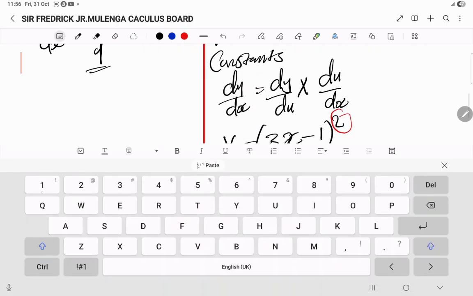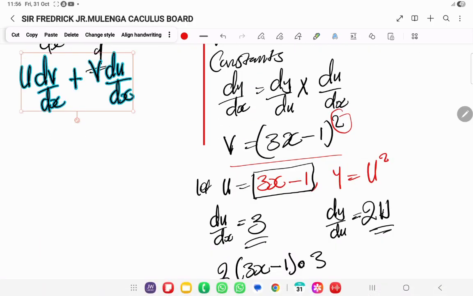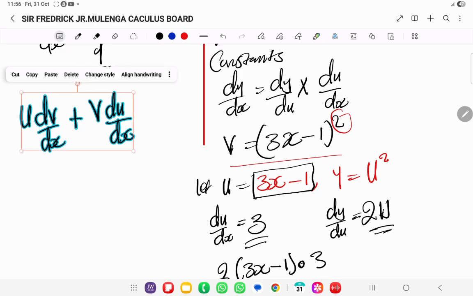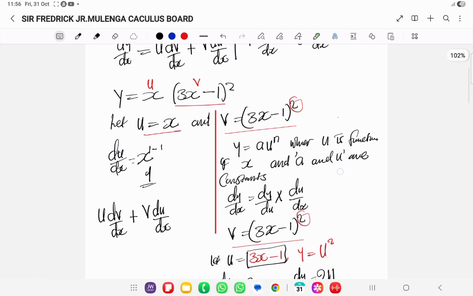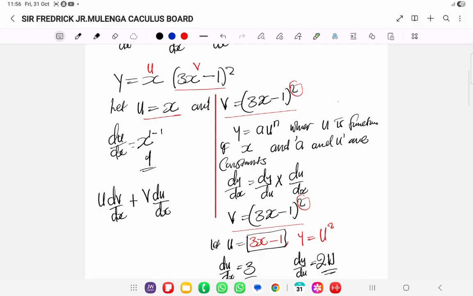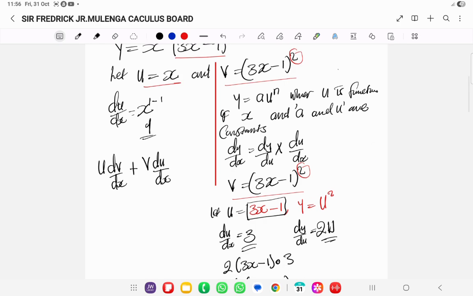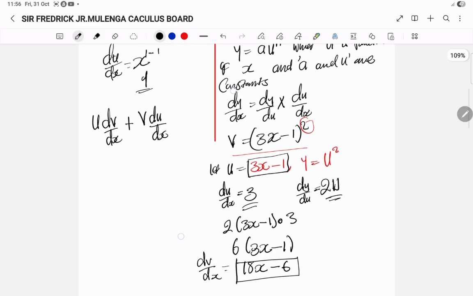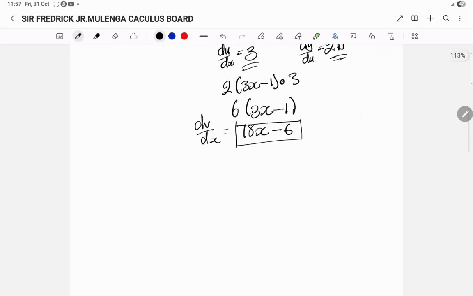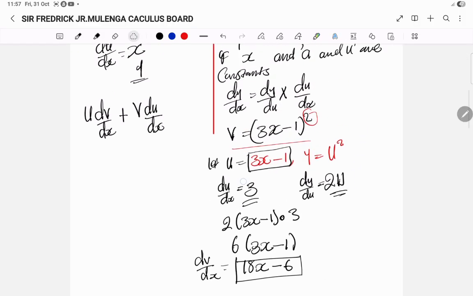So what is our u? u is x. So we'll get our x right here. Let me write just below here so that I conserve the space.